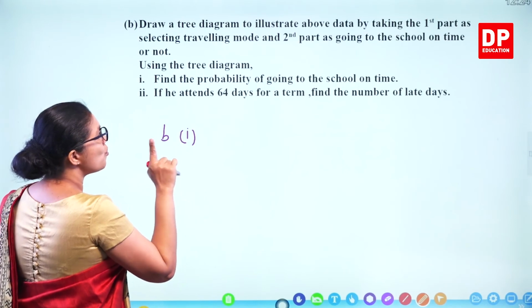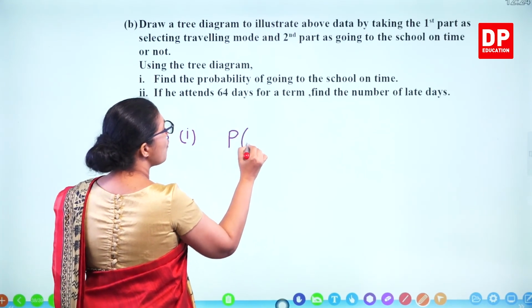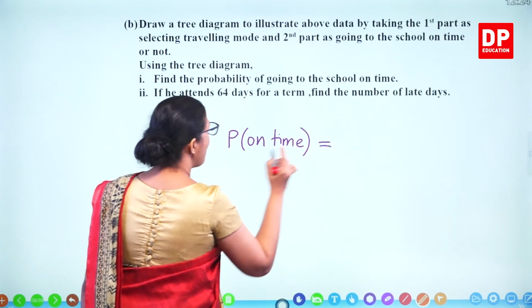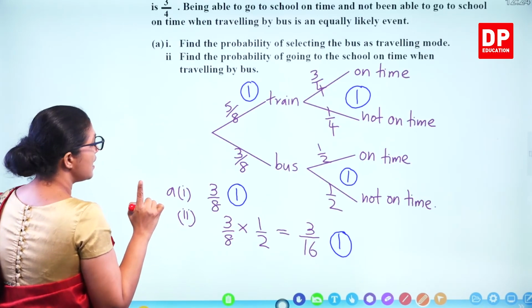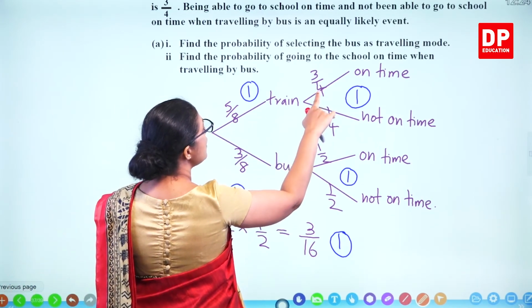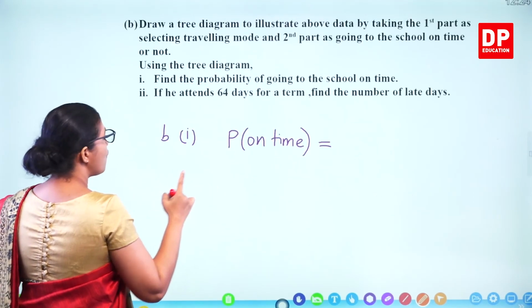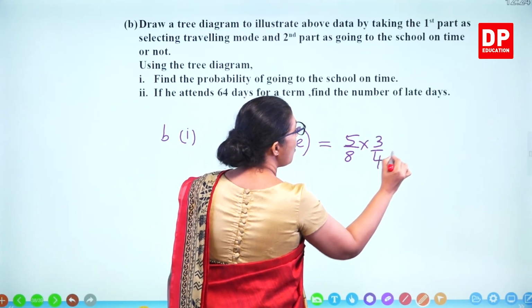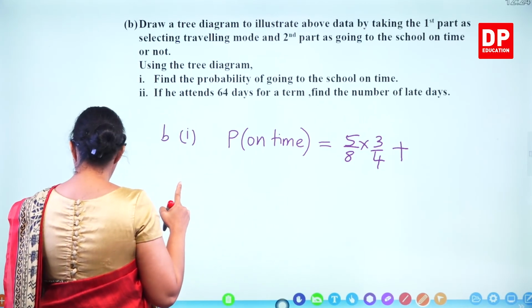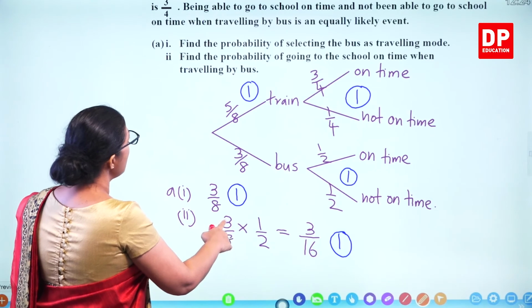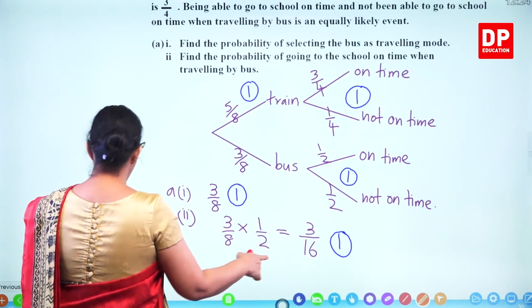Probability of going to school on time. It can be by train or by bus. If it's by train, that's 5/8 into 3/4. But we found out when it's by bus, the probability of going on time is 3/16.